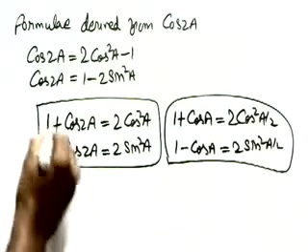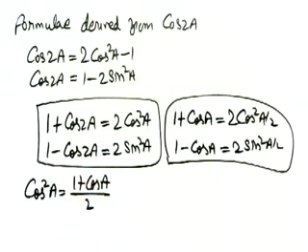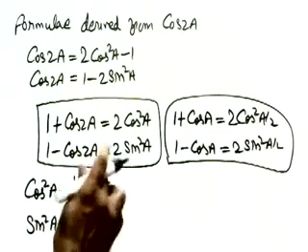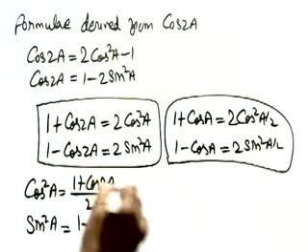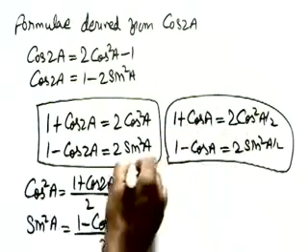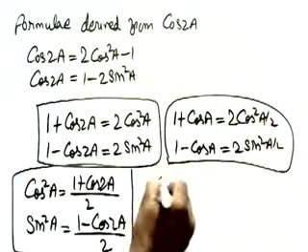So cos square a equals 1 plus cos 2a by 2. In the same way, sin square a will be 1 minus cos 2a by 2. These are the two formulas we have to learn by heart.